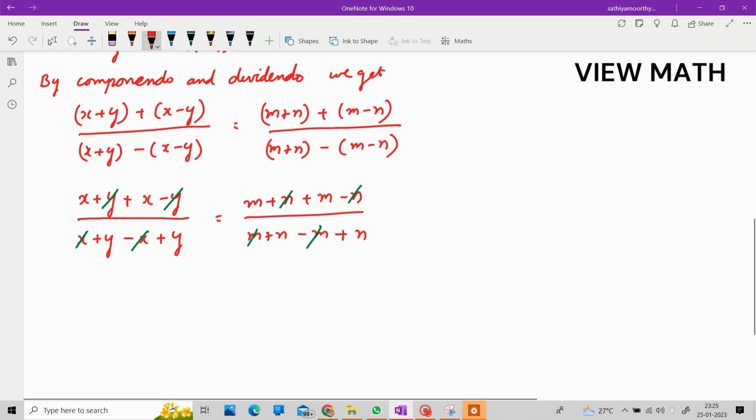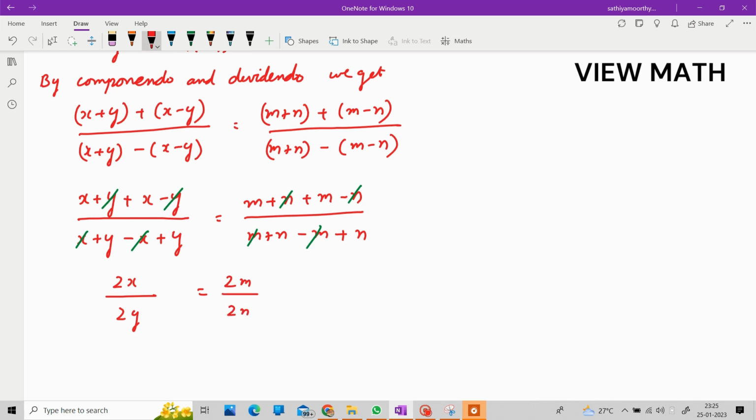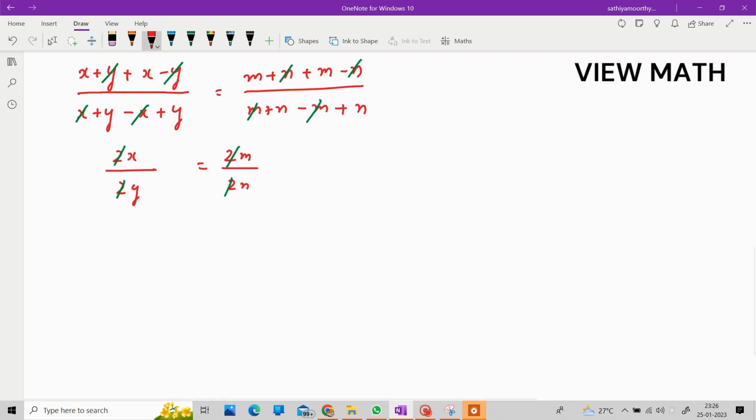So remaining I get 2x in the numerator. The denominator I get 2y. Here in the right hand side I get 2m and 2n. Now I can cancel 2, which is common. Now I get x by y is equal to m by n.